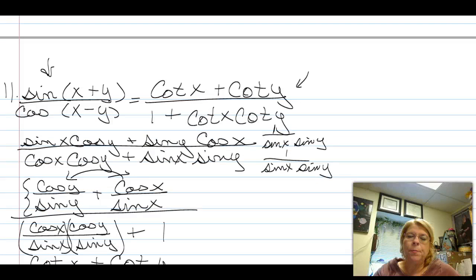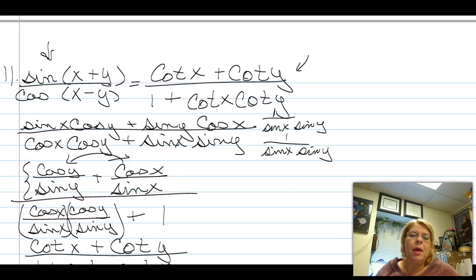Alright, again, number 11 is one of those that is a little bit tricky. On 11, I have sine of x plus y over cosine of x minus y equals cotangent x cotangent y, and 1 plus cotangent x cotangent y.